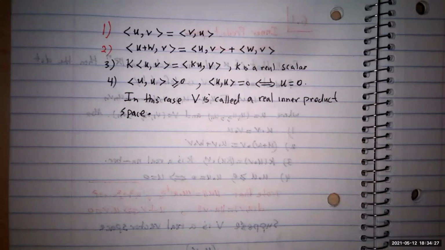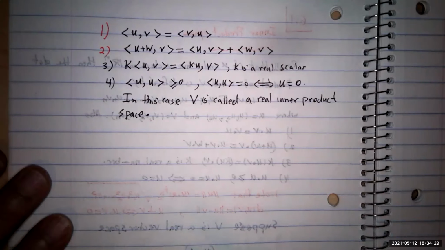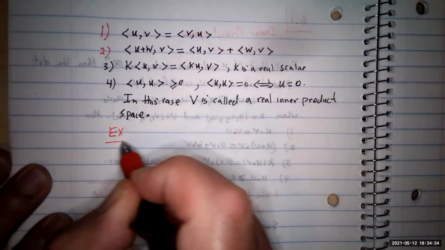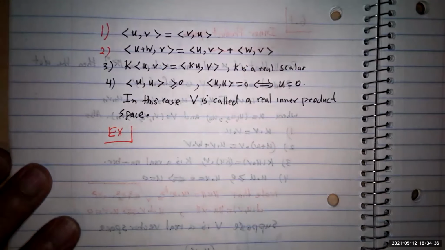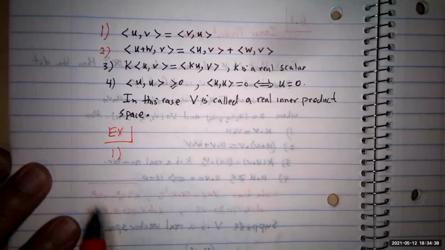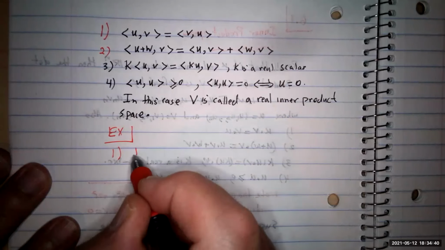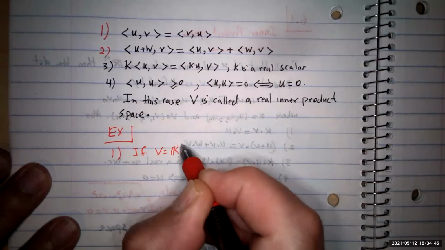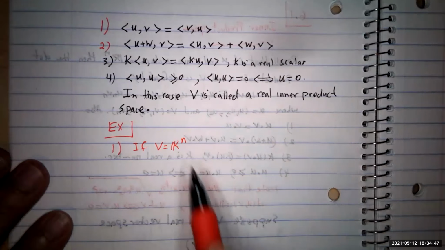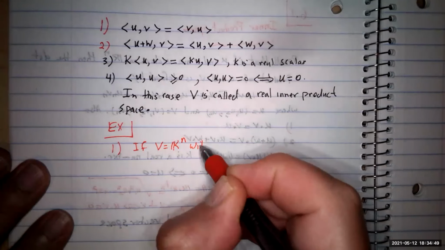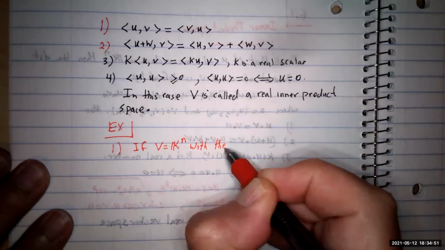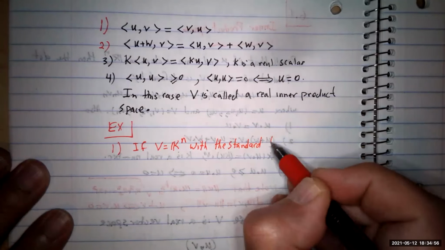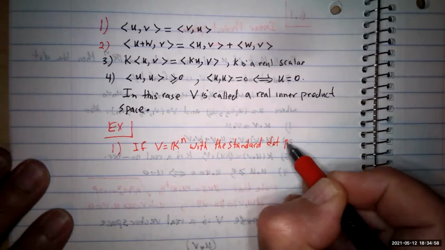Let's quickly get some examples. The first example is the one that we did: if V is equal to Rn with the standard inner product, the standard dot product.